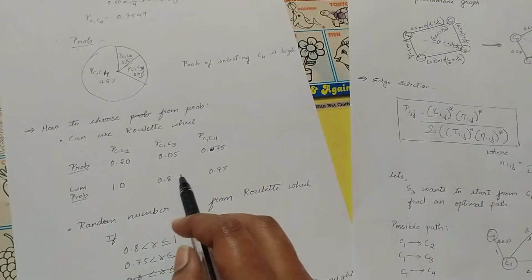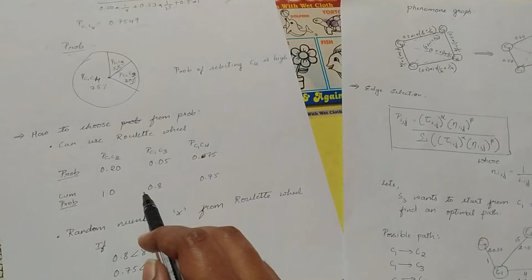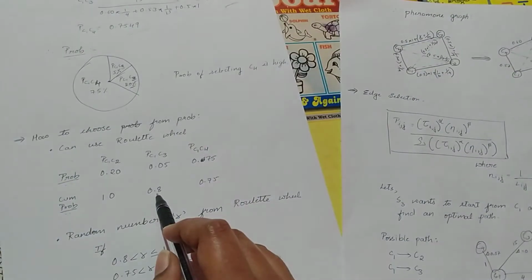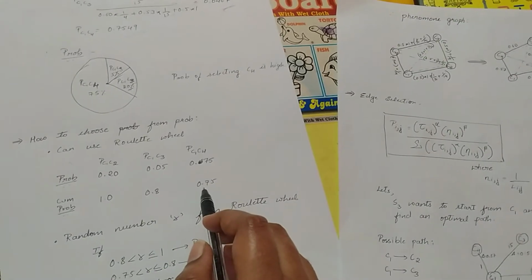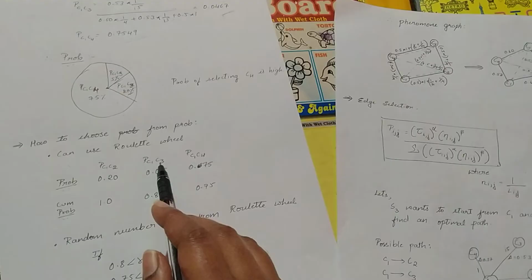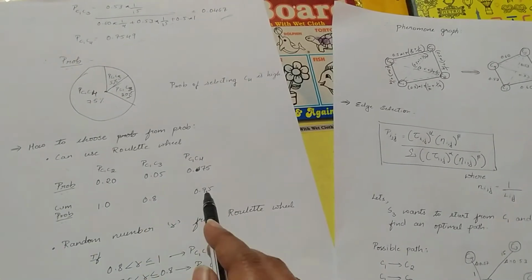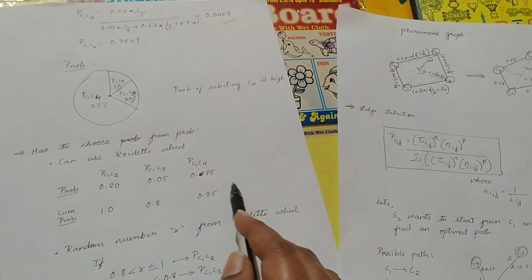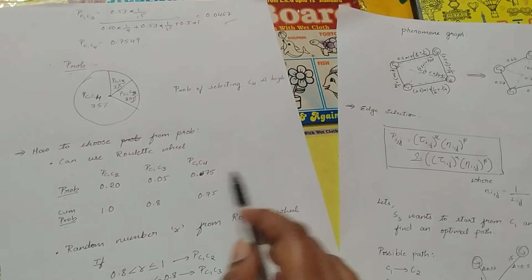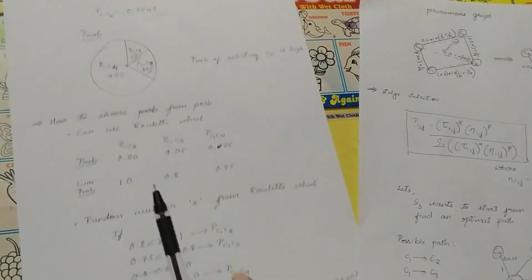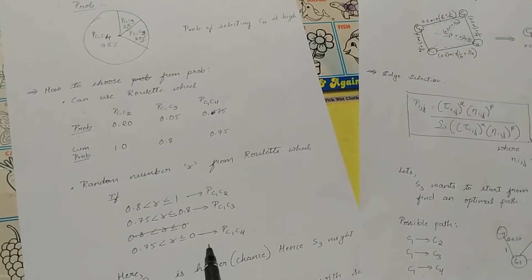Or else, if the random number lies between 0.8 or less and 0.75, then the probability C1 and C3 is considered. Or if the random number is 0.75 or less, down to 0, then the probability of C1 and C4 is considered. So that's how we construct this.